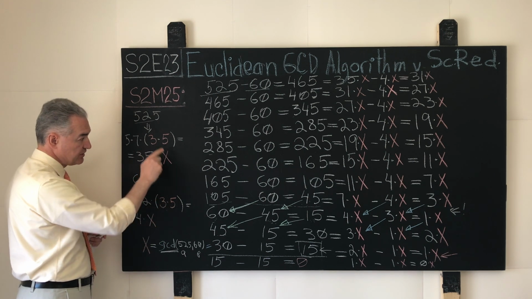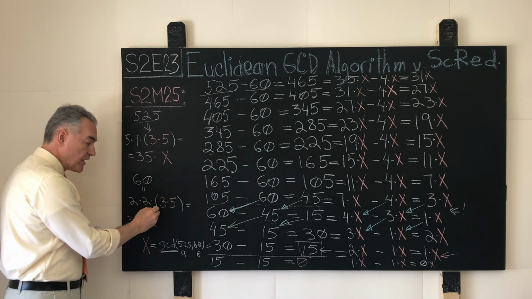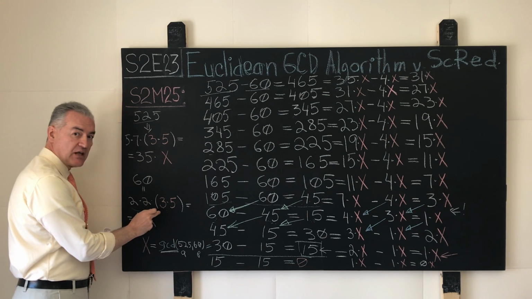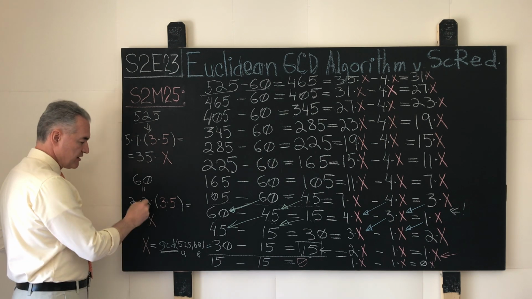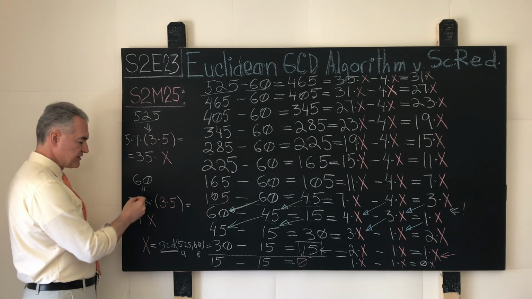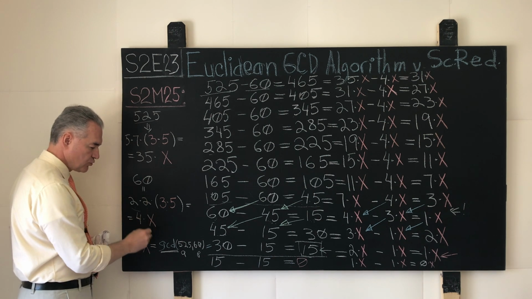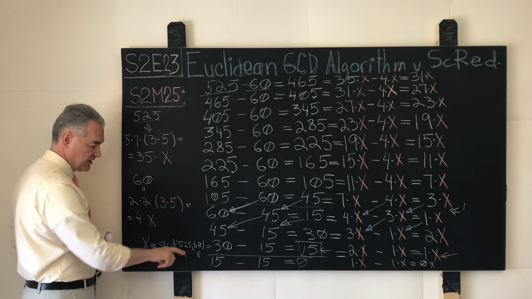I show these numbers here in red so you can see it clearly: 3 times 5. Whatever prime factors of 60 did not make it into the net cast by the greatest common divisor, they likely will become a composite number. In this case, it's 4, so we can represent the number 60 as 4 times x, or 4 times the GCD of the numbers 525 and 60.